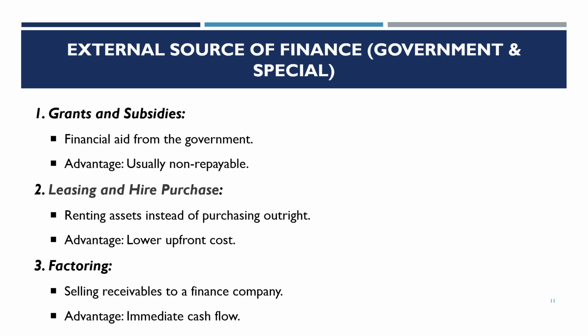And the last is factoring. This is also one of the external sources of finance under the category of government and special schemes. Factoring involves selling receivables to a finance company at a discount to improve liquidity.